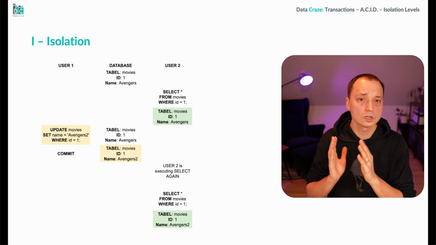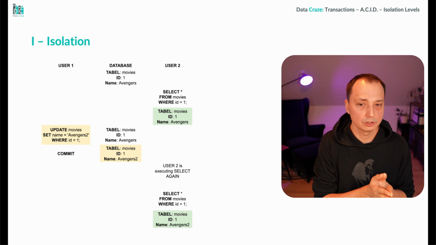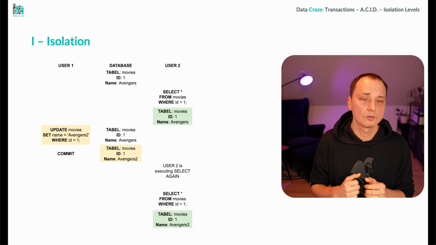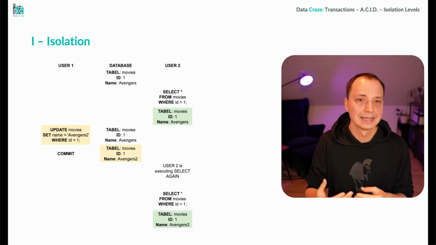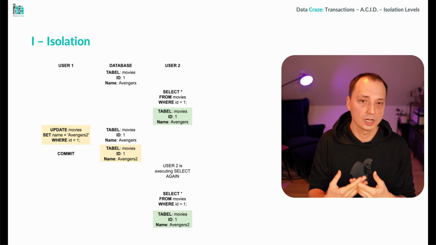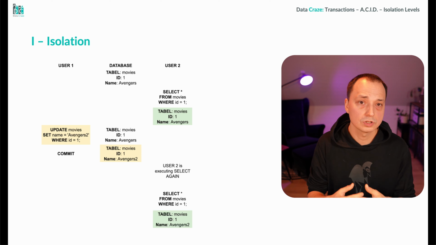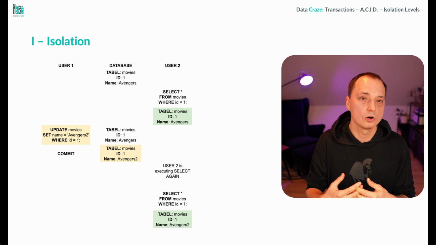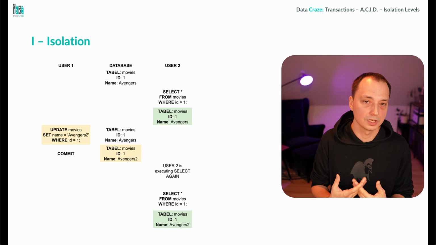So when user 1 is doing an update operation and user 2 is doing a select operation, depending on when they started the transaction, and we are going to talk about it more in a second, their operations should be successful as long as they are okay. That's the first thing. But the second thing is that they should get appropriate results based on the time when they queried the tables, or when they opened and executed the transaction.